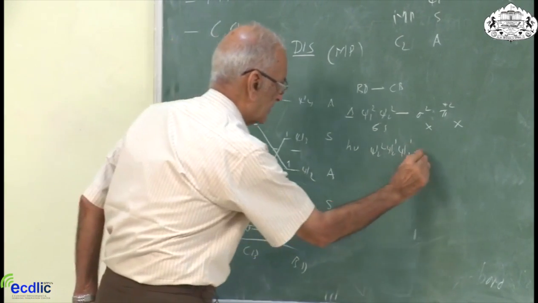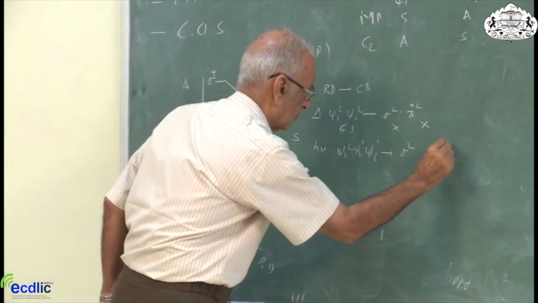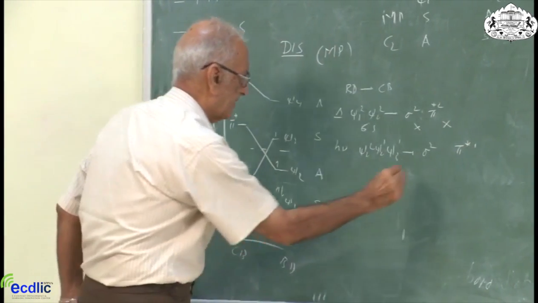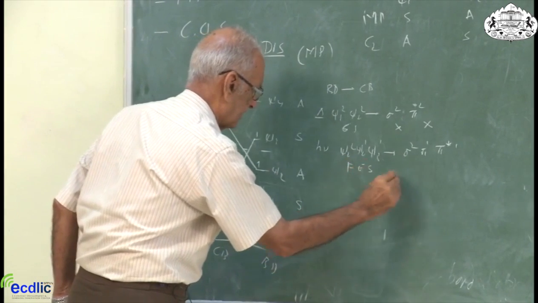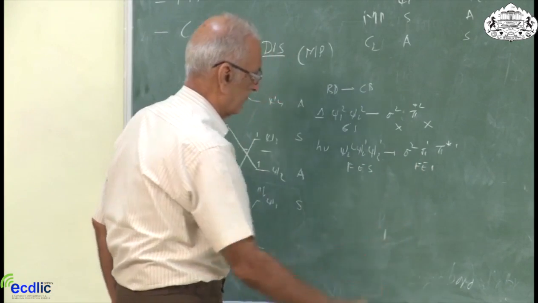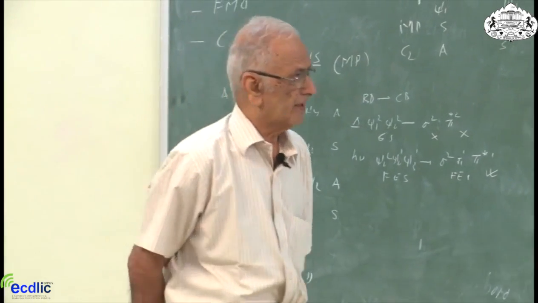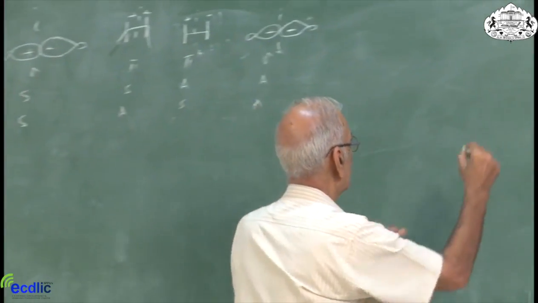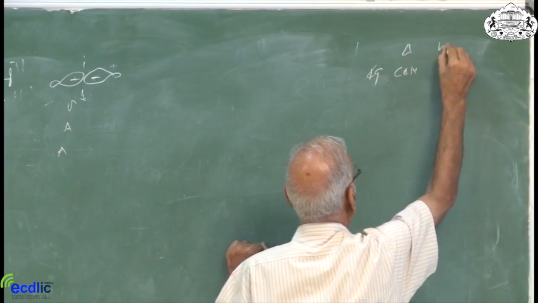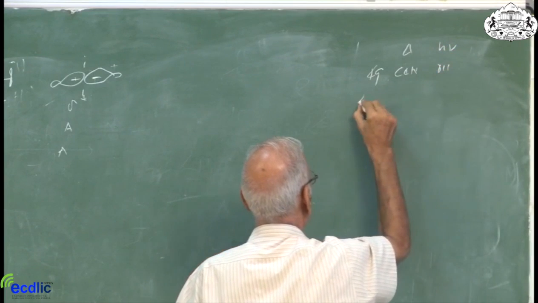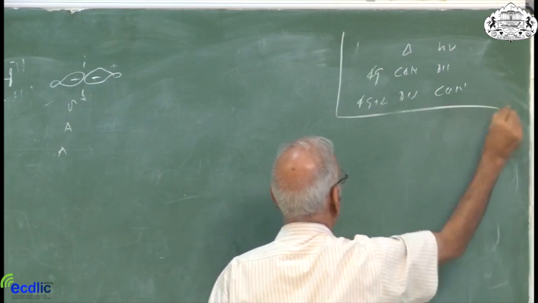Psi 1 2 electrons go into sigma, psi 2 1 electron goes into pi star, psi 3 1 electron goes into pi. So, first excited state gives first excited state, therefore, reaction is allowed. And this is what our rule tells us. For the 4q system, the thermal reaction is conrotatory, the photochemical reaction is disrotatory. And for the 4q plus 2, it's opposite.